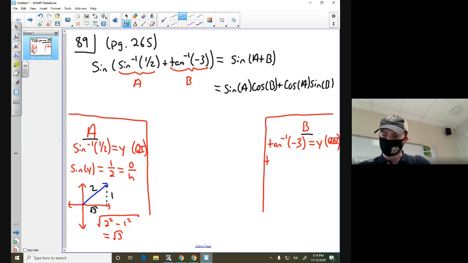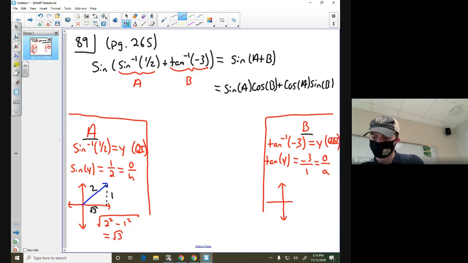So in other words, tangent of y is equal to -3, and I'll put divided by 1 because this is opposite over adjacent. So we are in quadrant 4.